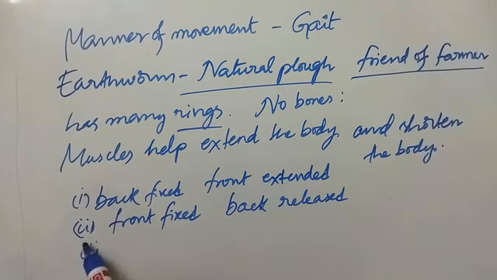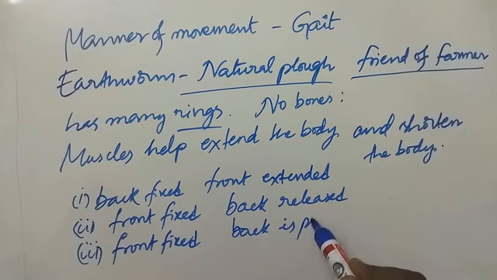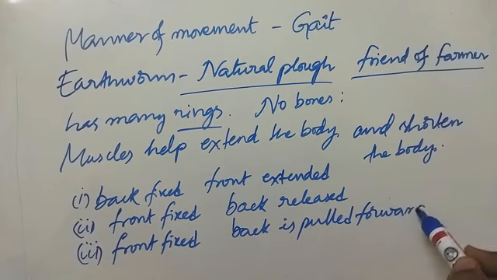Keeping the front fixed again, the back is pulled forward. A repetition of these three steps several times, by the expansions and contractions, makes the earthworm move through the soil or through the water or on the ground.